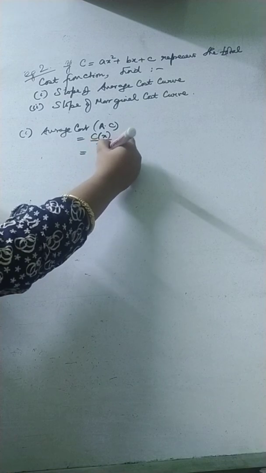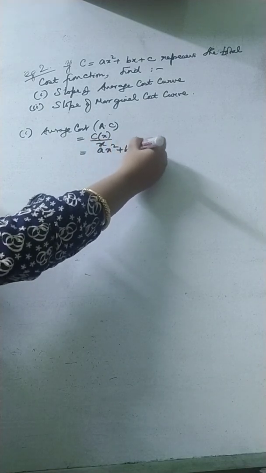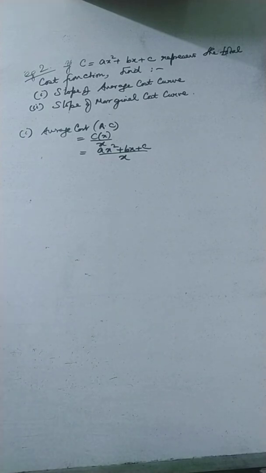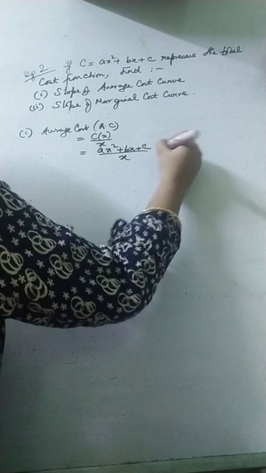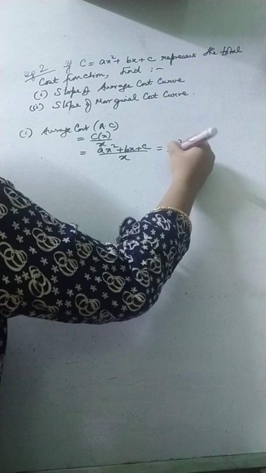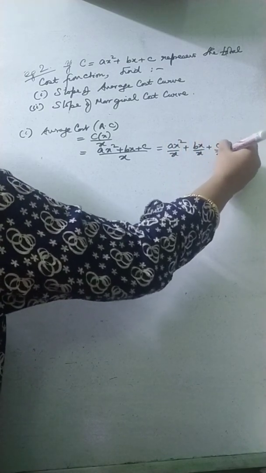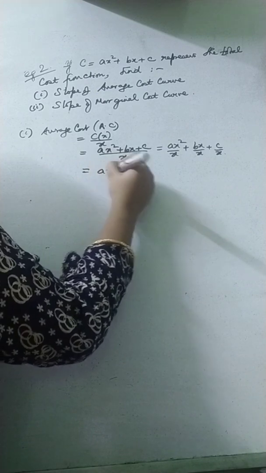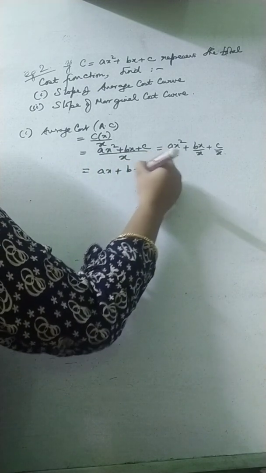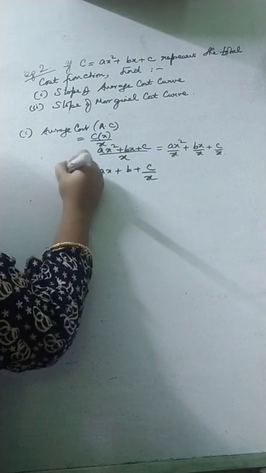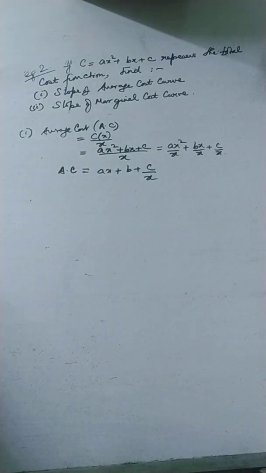That means it is (ax squared plus bx plus c) by x. How will we divide? It's a monomial in the denominator, so term by term division. ax squared by x plus bx by x plus c by x. That gives us ax plus b plus c by x. This is our average cost function.